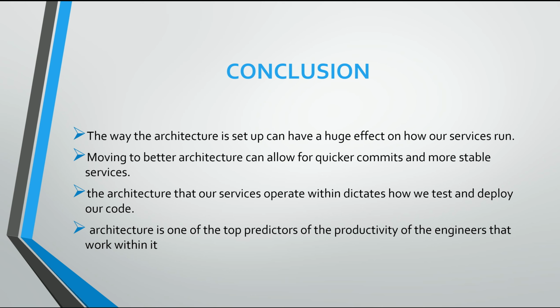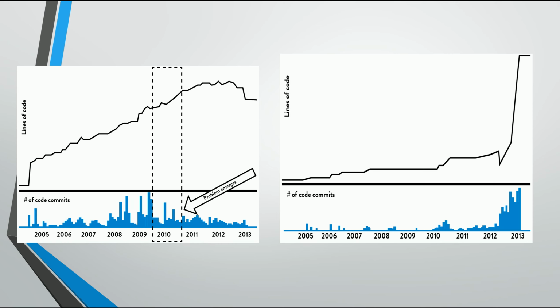And architecture is one of the top predictors of the productivity of the engineers that work within it. If you're a small team of developers, you want the work you actually put in to stay. You don't want a whole bunch of work just die down and have this jumbled mess of code.